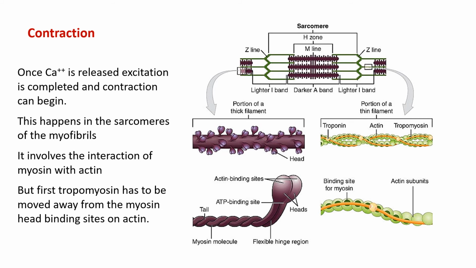But first, the first thing we had to do was move tropomyosin into the grooves of the helix of actin and away from the myosin head binding sites, exposing them to myosin, those binding sites being on the actin molecules.